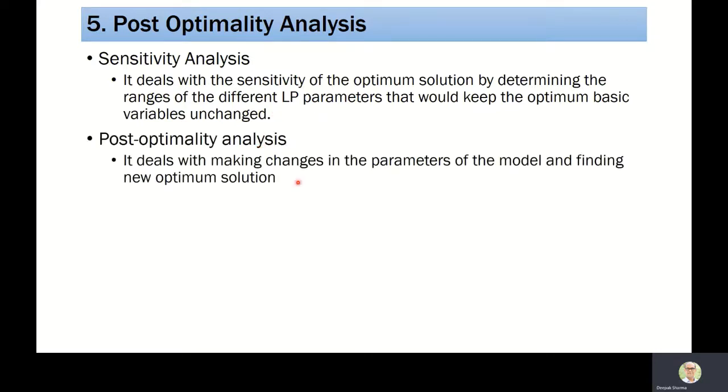The post-optimality analysis deals with making changes in the parameters of the model and finding the new solution. Suppose we change the right-hand side, and in that case the current optimum solution becomes infeasible, or by changing the cost coefficient, one of the non-basic variables can become the entering variable in the simplex table.